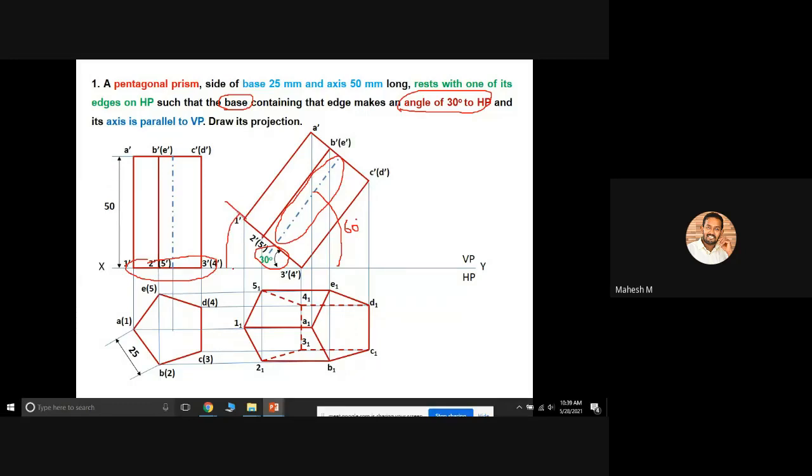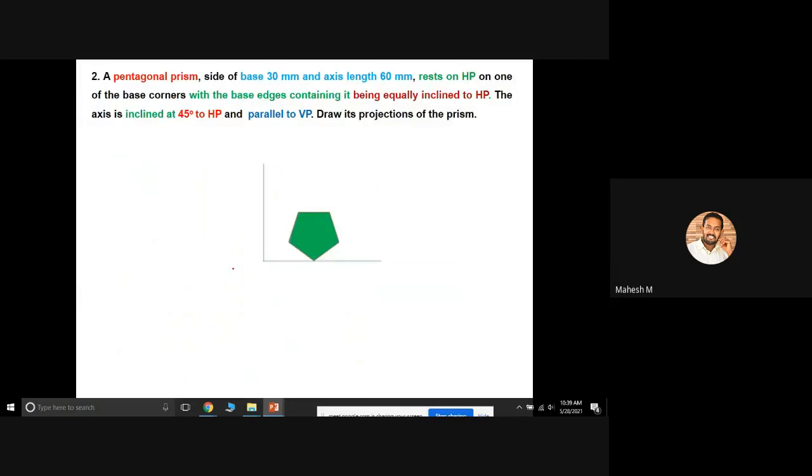So for today's class, you have to solve this problem because we'll have only 5 more minutes. So I will solve this problem immediately. It is like our previous problem. It is also a pentagonal prism. Side of base 30 mm and axis length is 60 mm. Rest on HP. So how they have directly given, it is rest on HP on one of its base corner.